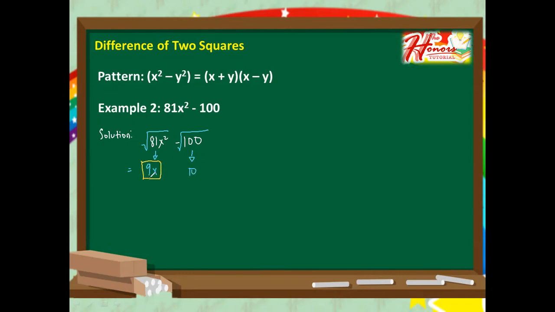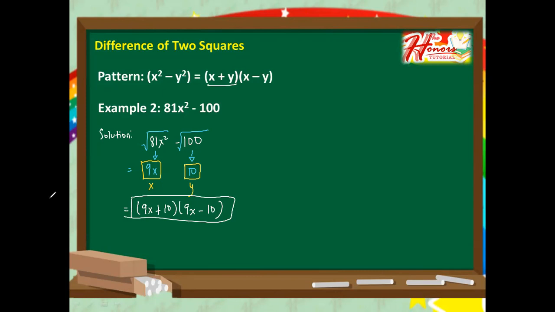So 9x will be your x, 10 will be your y. Let's have the pattern. So that is x plus y. So x is 9x plus y, that's 10. For the second parenthesis, that's x, so 9x minus y, that's 10. So this is the final answer.